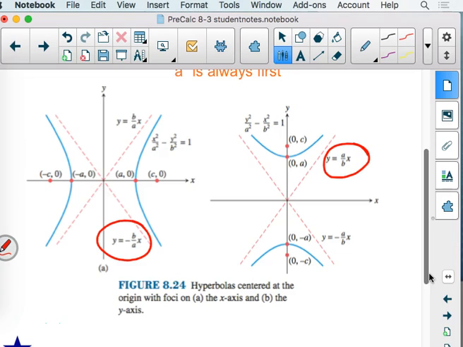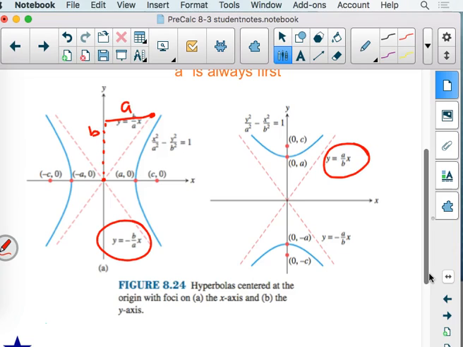So if we want the slope of the asymptote, I ask myself, how do I get from this nice center at 0, 0 to this spot up here? Well, I would have to go up b units, because that would be my covertex. And then I'd have to go over a units, and that's rise over run. So b over a makes perfect sense.